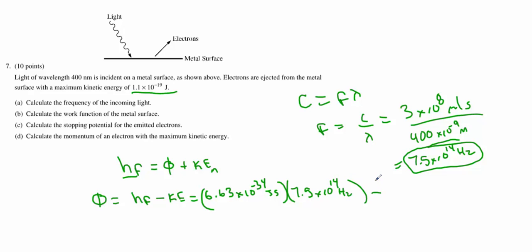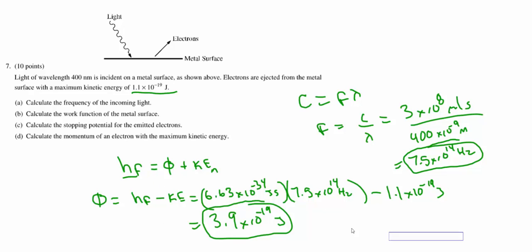Then we're just going to subtract that given kinetic energy. We will get an answer in joules, and that's going to be 3.9 times 10 to the negative 19 joules. That's it. That's the answer to B.